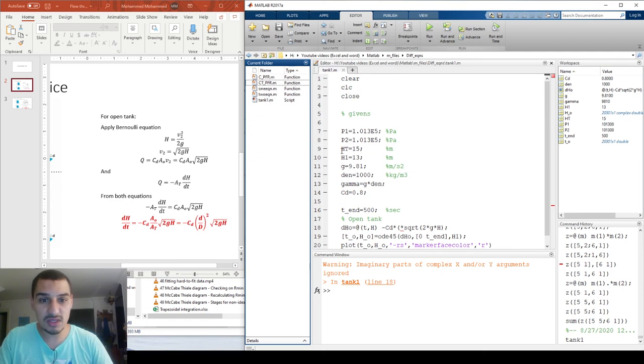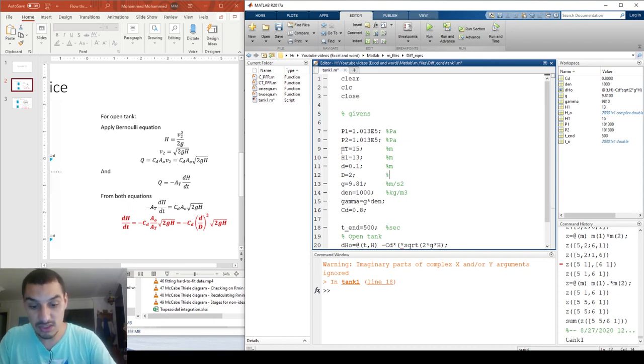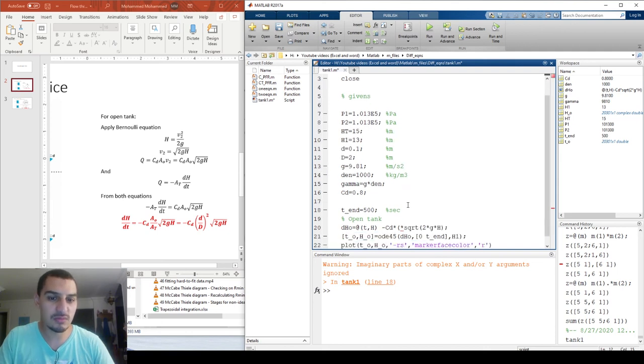So assume that I have the small d as 0.1 meter, which is 10 centimeters, and the capital D is like 2 meters. So it's a very small ratio. It's 1 over 20, squared, so it's going to be a very huge difference.